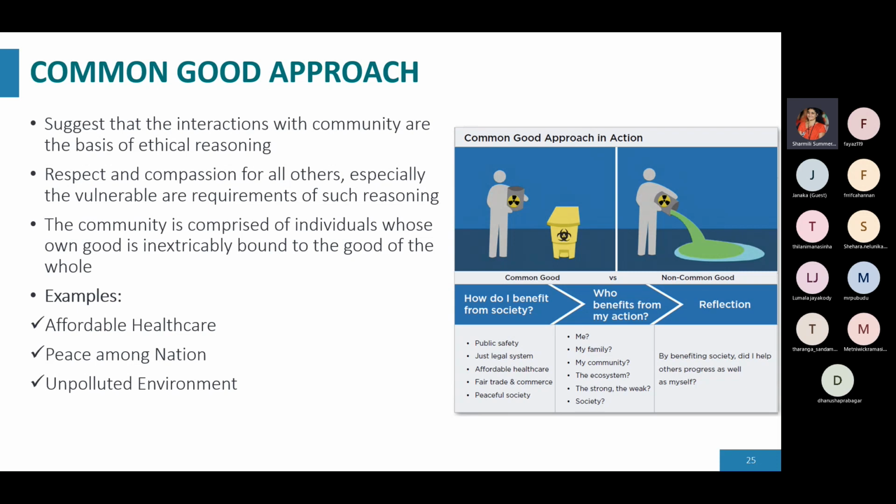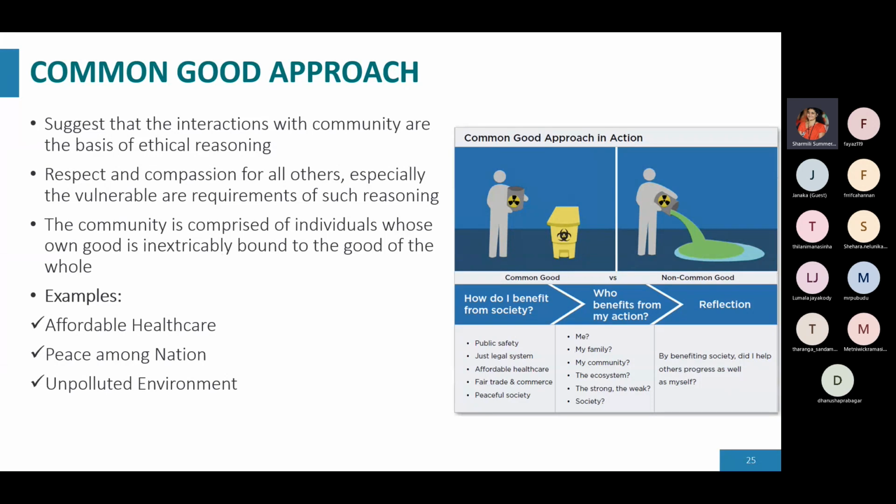Respect and compassion for all others, especially the vulnerable, are requirements of such reasoning. One example is affordable healthcare. Each and every citizen in a society has a mandatory right to affordable healthcare. If it is possible, then it is a common good approach.